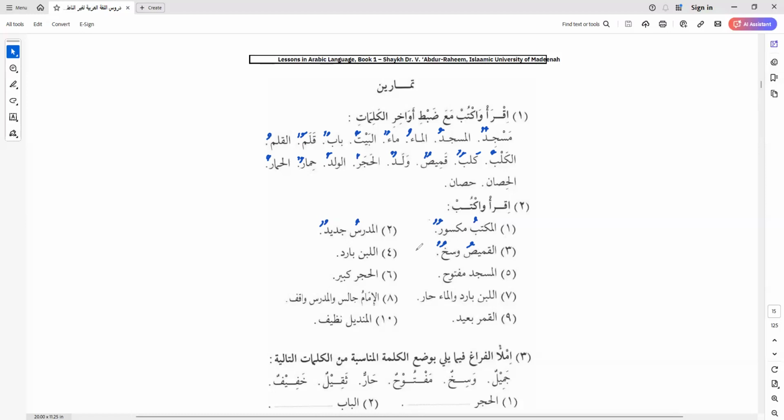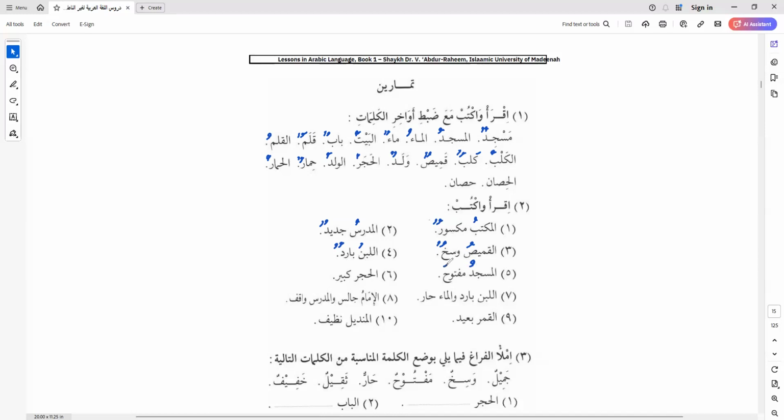Definite, indefinite. Al-labanu, one dhamma. Baridun, double dhamma. It means the milk is cold. Al-masjidu, definite, so I need to put one dhamma there at the end. Very, very important. You can see that the final consonant vowel is very critical in Lughat al-Arabiyya. So we have to master it. That's the key part of the grammar.